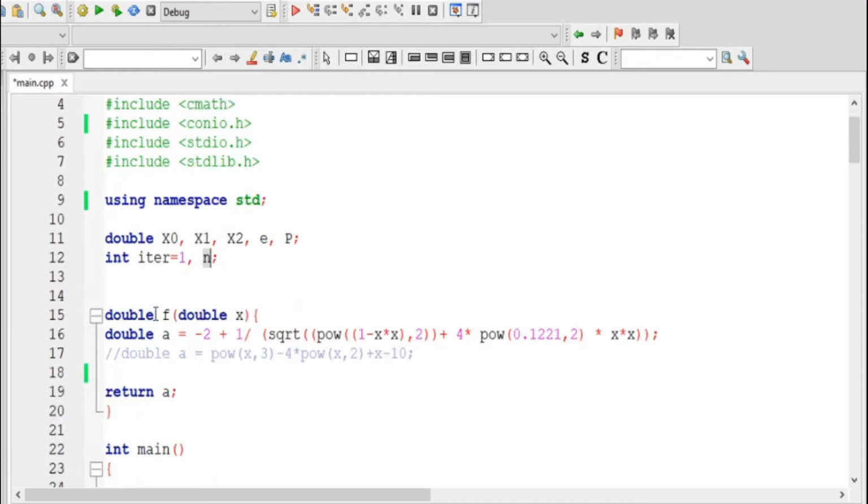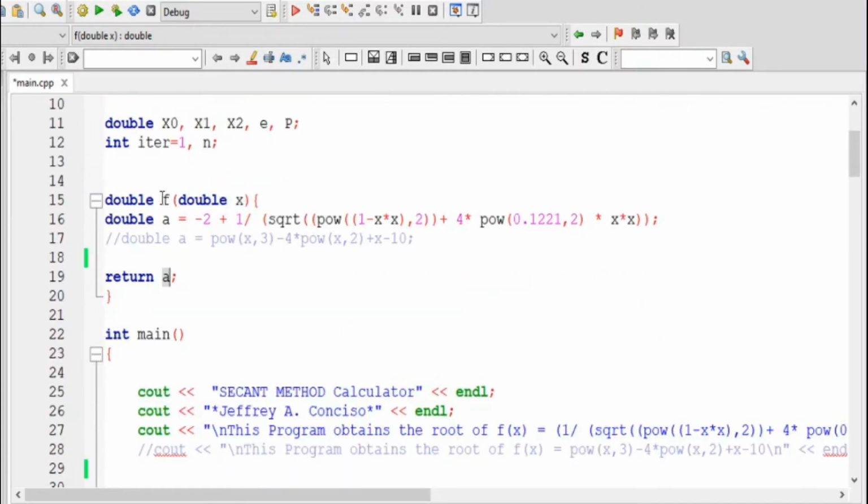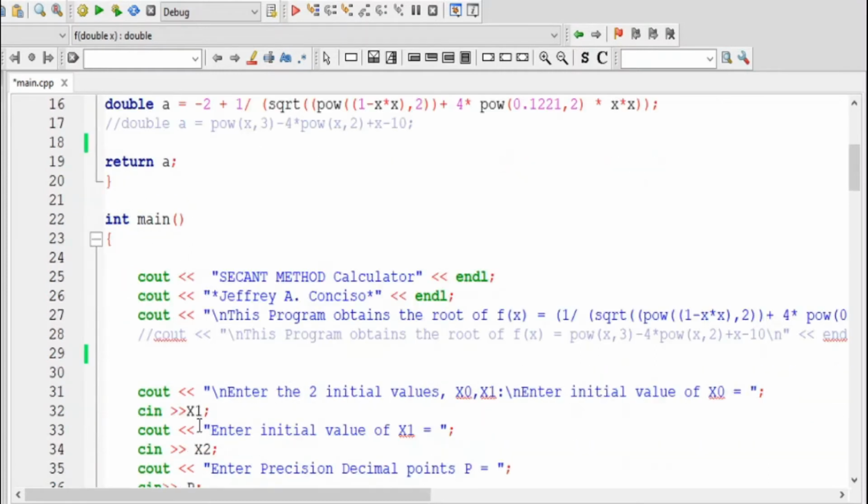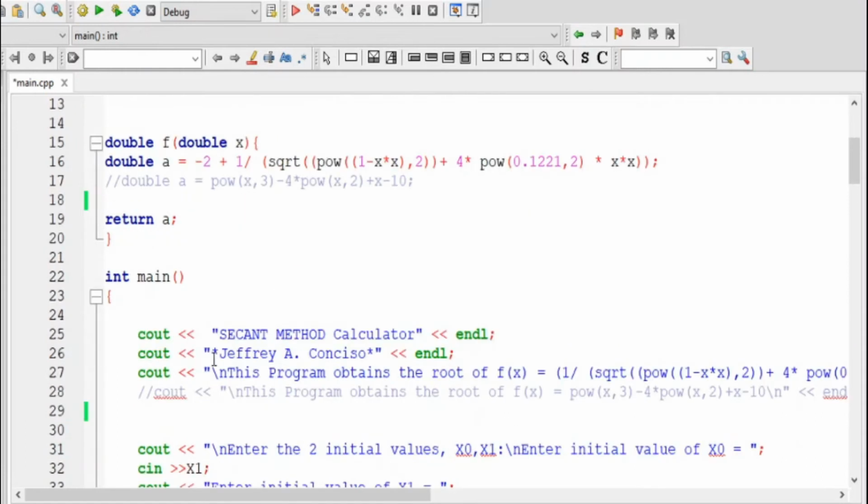The double F parameter is a pointer function, and the pointed function takes a double input and returns a double, which means that this function will be called when being used inside our program.